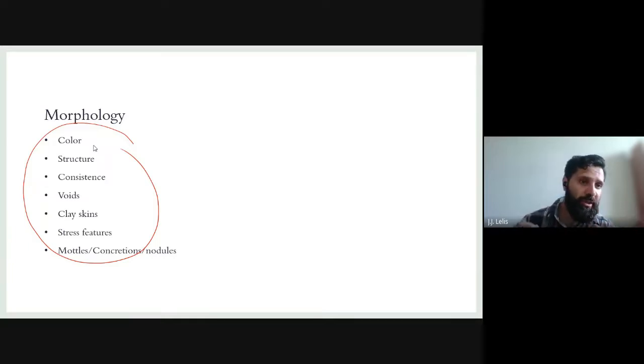So you can change from a red soil to a yellow soil, or the opposite. You can change from a wet and yellow soil to a dry and red soil. So you can change the color after a burial process.